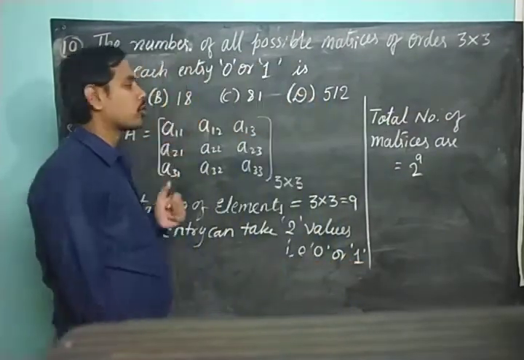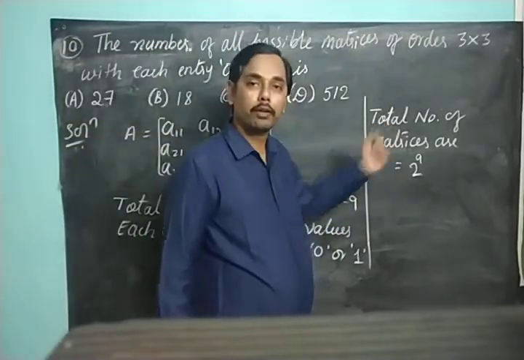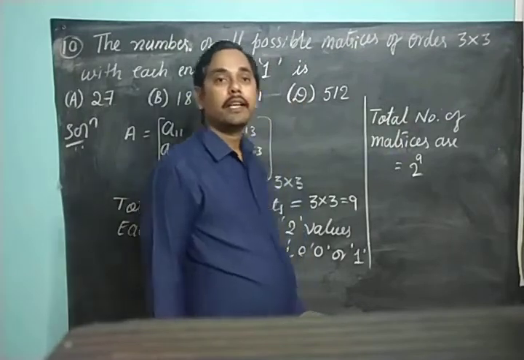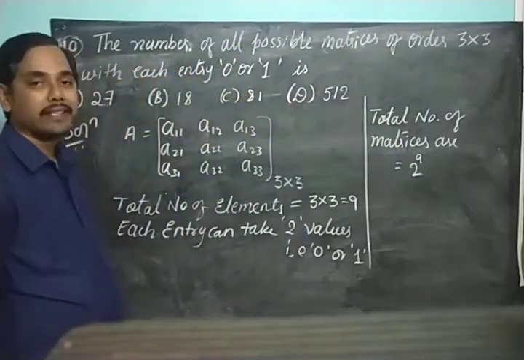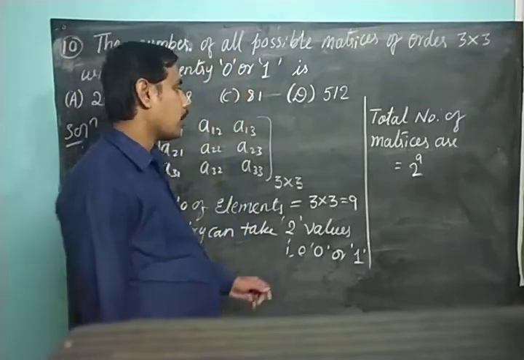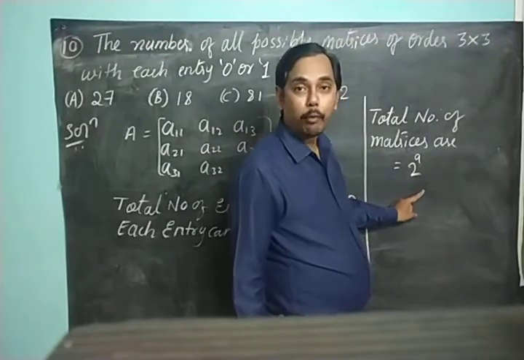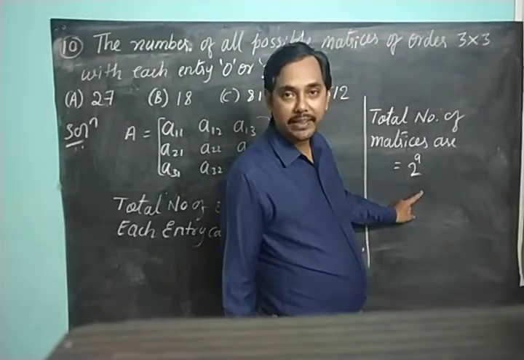If it is a 2 cross 2 matrix and 2 possible values are there, then it will be 2 to the power 4. If it is a 3 cross 4 matrix, it will be 2 to the power 12. So how many elements there are comes in the power, and how many possible ways there are comes at the base.